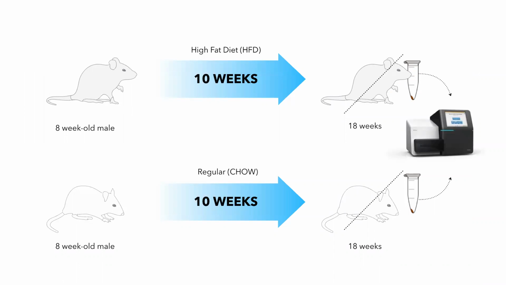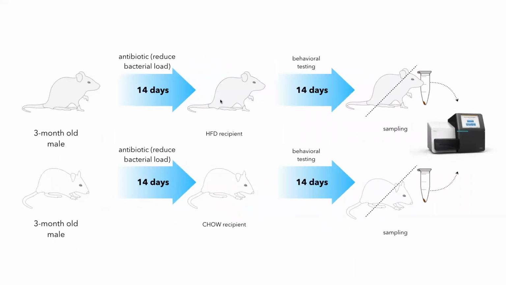First of all, their samples are then taken and sequenced, and their microbiota is transplanted into recipients. So you can see here that some 3-month-old males, that is older males that have already an established microbiome, were treated with antibiotics to reduce their bacterial load.